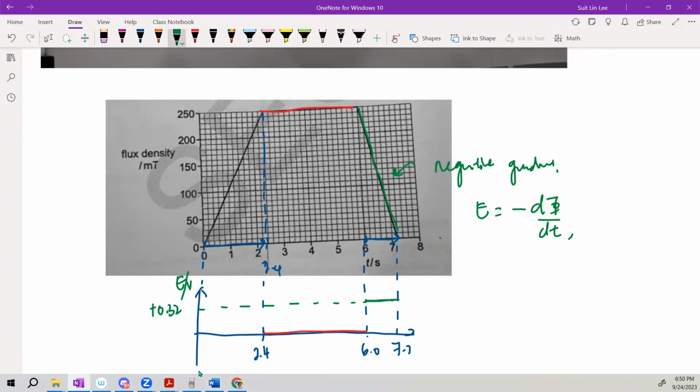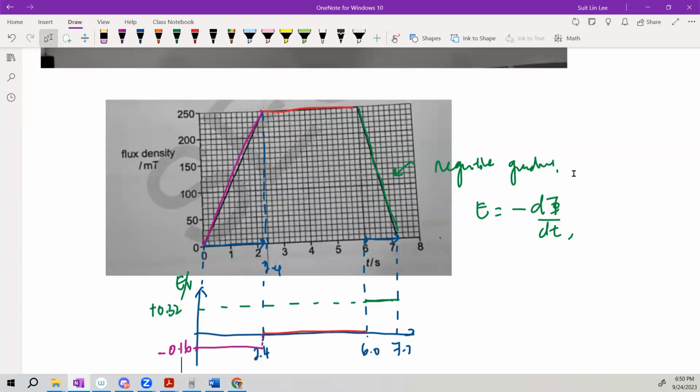What about before that? 0.32 divided by 2. So in this section, it's increasing. Current will flow, EMF will be in the opposite direction to fight the increase. Negative 0.16. This is basically how it looks like.